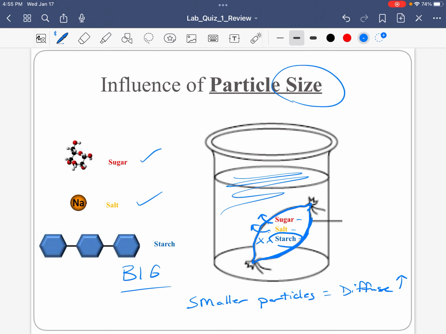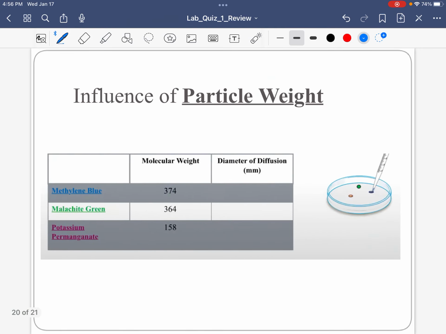I would like you to know, of these 3, sugar, salt, and starch, which ones were able to diffuse out of the bag? Sugar and salt. Which one was not able to diffuse out of the bag? Starch. Why? Too big.